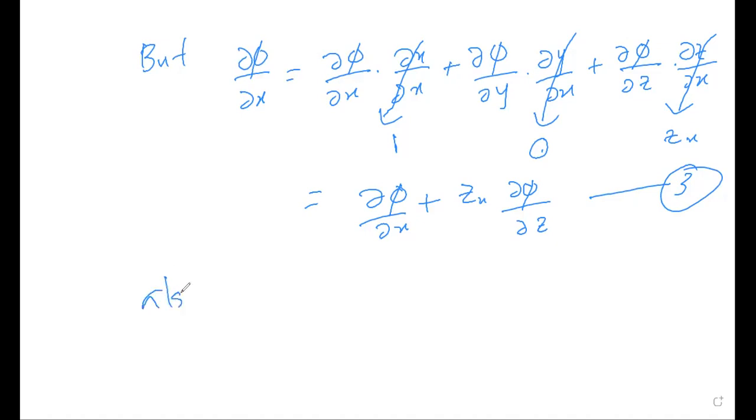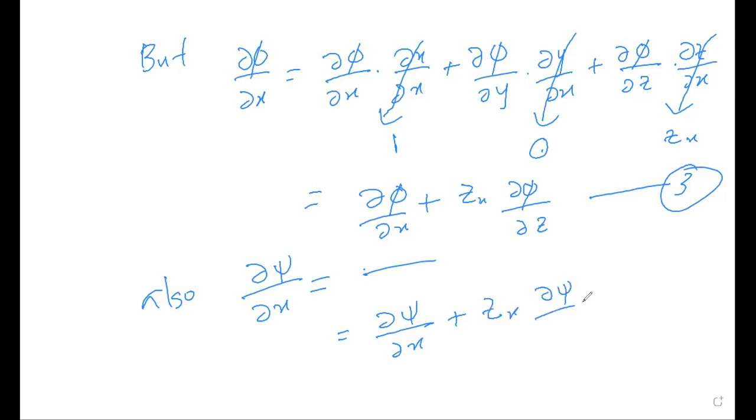Similarly, you can write for ∂chi/∂x: ∂chi/∂x equals z_x ∂chi/∂z. Let's take this as number 4. The same thing is happening here, the only thing is you have to substitute chi.